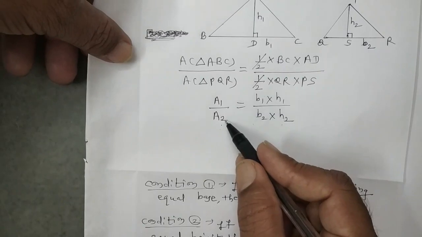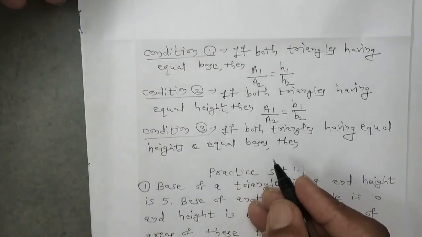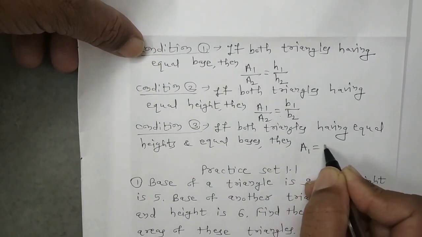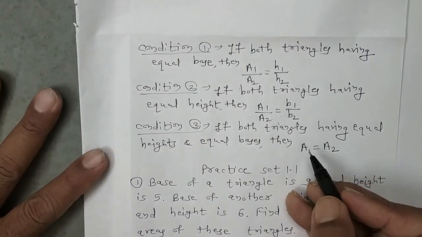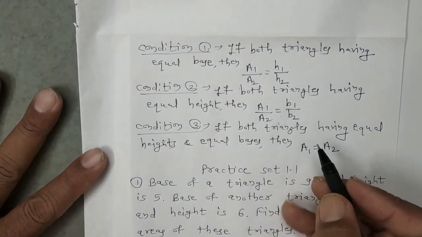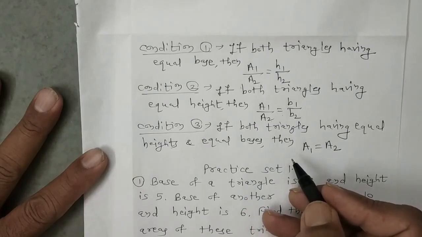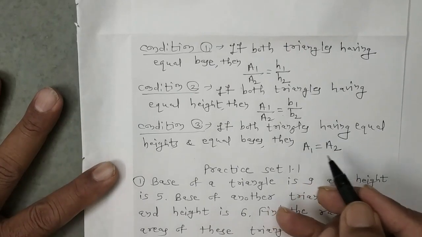We will get A1 upon A2 is equal to 1, therefore A1 is equal to A2. That is, if height and bases of the two triangles are equal, then their areas are also equal.